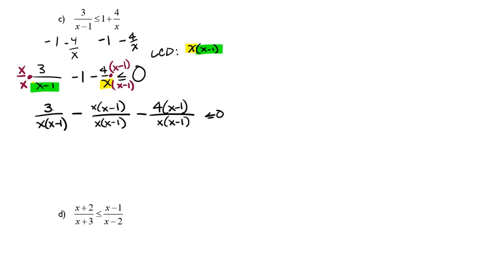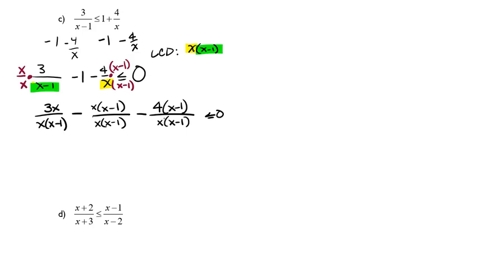So now I have 3 over x times x minus 1, and I need an x in the numerator, minus x times x minus 1 over x times x minus 1. That's still equivalent to 1, but now it has an LCD that matches the rest, minus 4 times x minus 1 over x times x minus 1, less than or equal to 0.